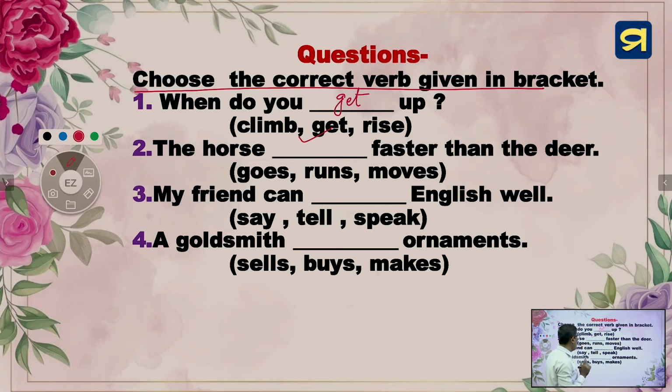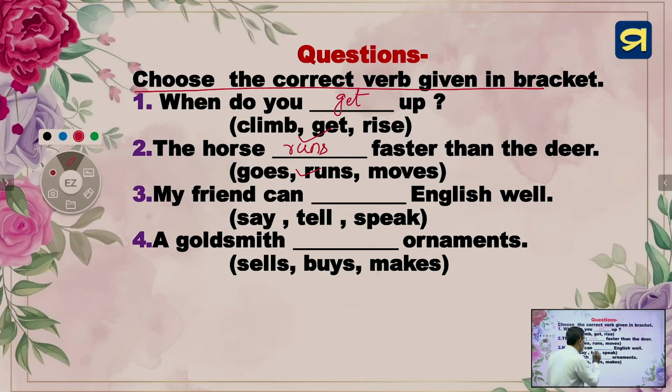Number 2. The horse runs faster than the deer. Goes, runs and moves. Which verb is used? Very good. Runs. So we will write here runs. My friend can speak English well. What options are given? Say, tell or speak. Which verb is used?